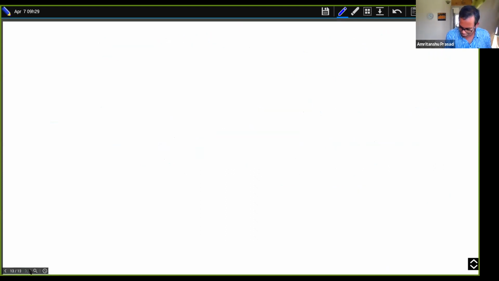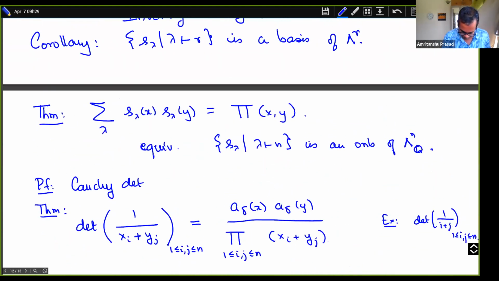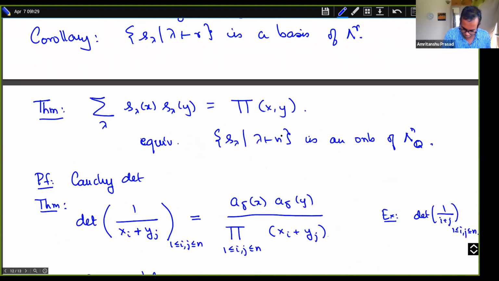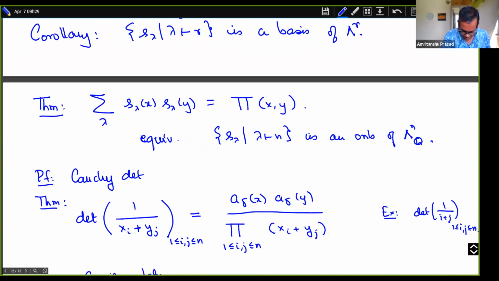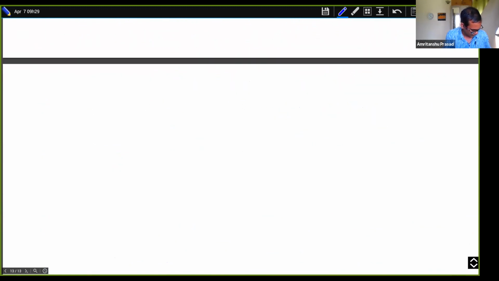So now from the Cauchy determinant to this identity on Schur functions, how do we do that? So we've evaluated the Cauchy determinant, and now let's get back to this. So now replace xi by minus xi inverse in the Cauchy determinant.